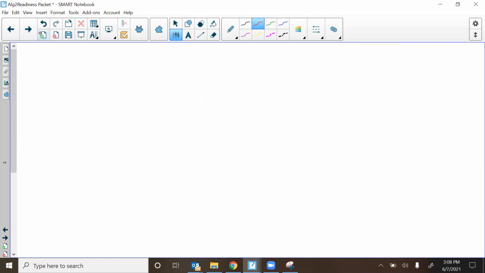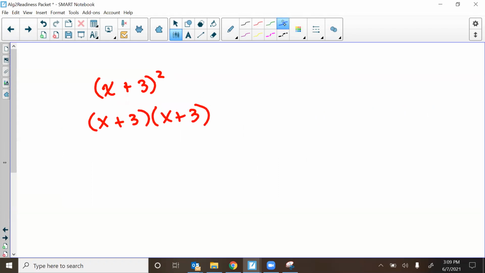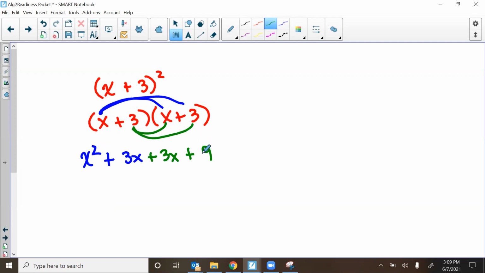For example, if I have x plus 3 quantity squared, if I multiply that out, I get x times x, it's x squared, x times 3, that's 3x, 3 times x, 3x, and 3 times 3, which is 9.